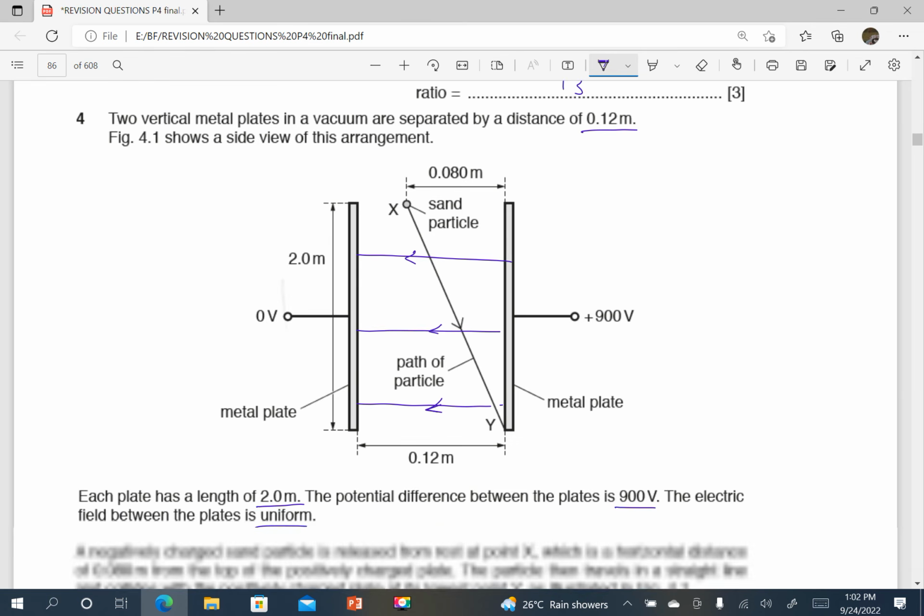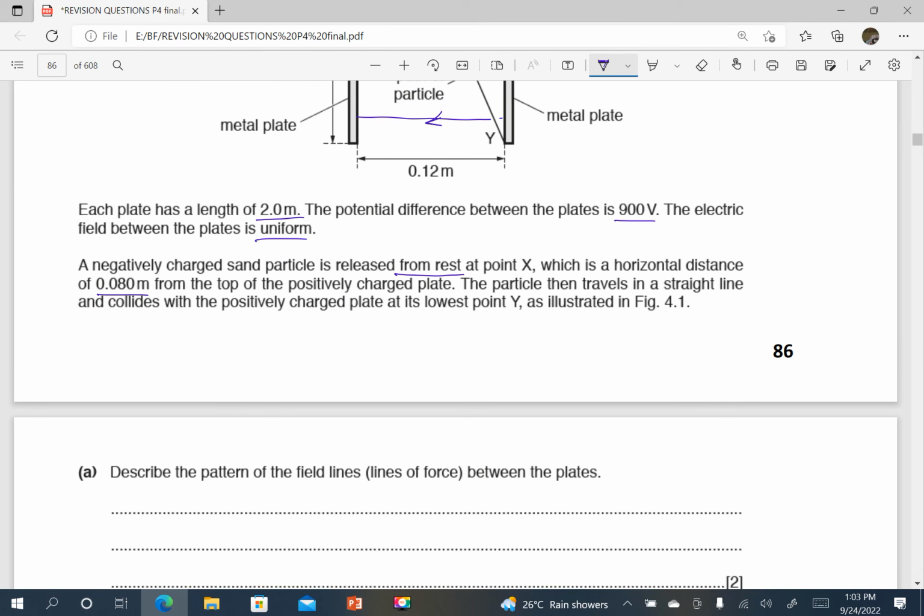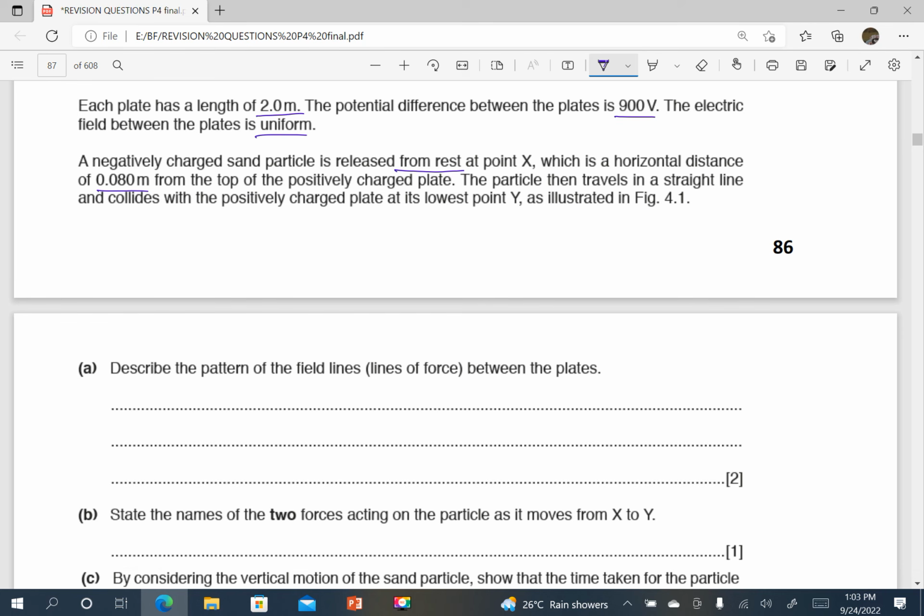So we shall say the field lines are equally spaced, straight, horizontal lines from the positive 900 volt plate to the zero volt plate.